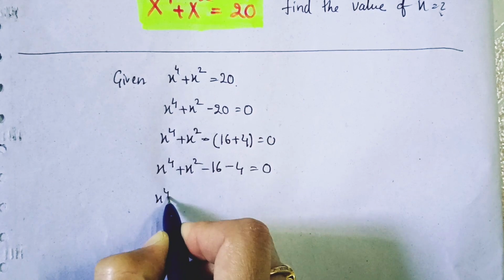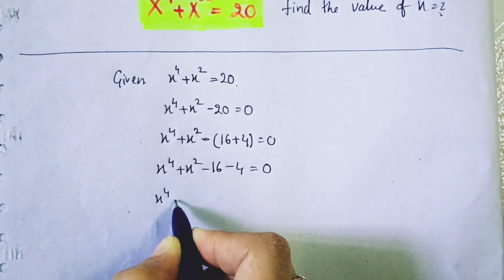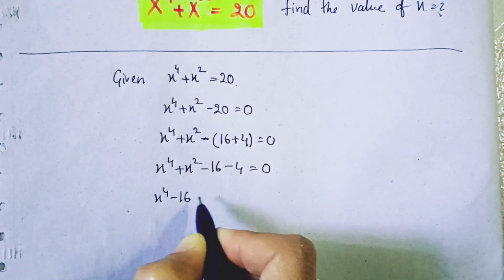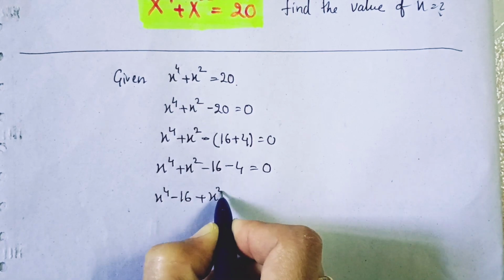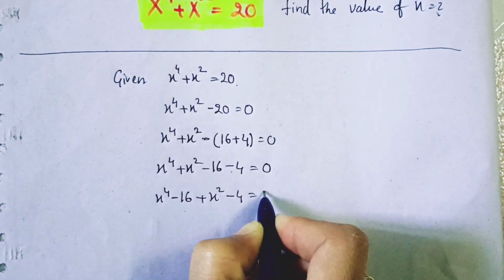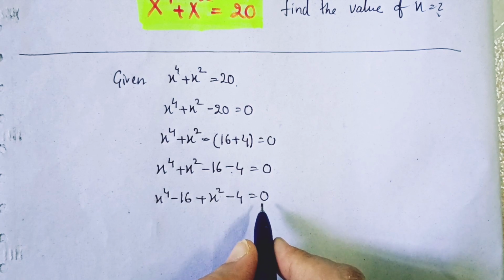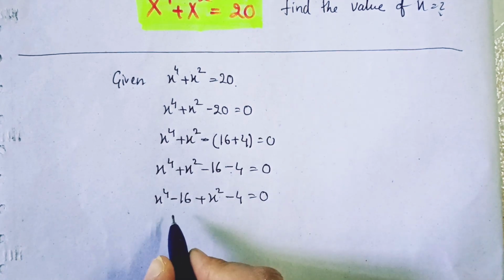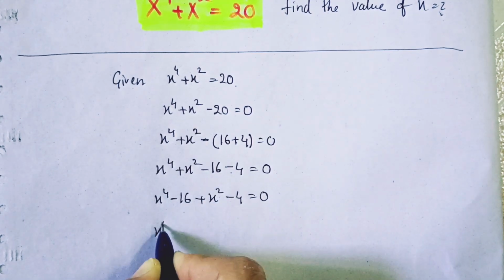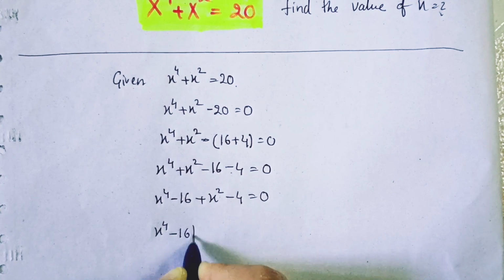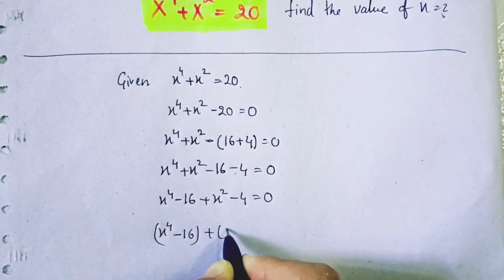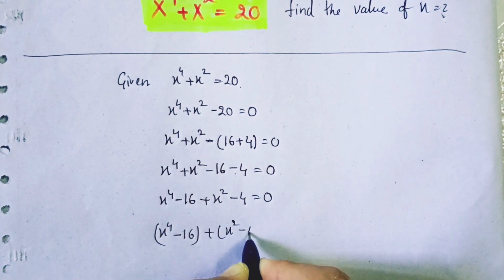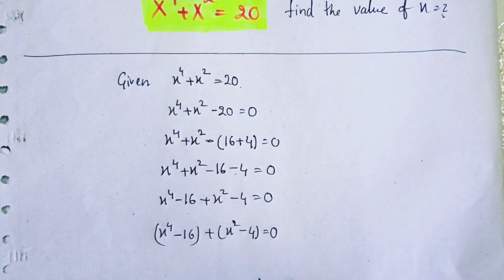Next, I am taking the minus 16 next to x power 4, plus x square minus 4 equal to 0. Can we write like this? Yes, of course. So x power 4 minus 16 plus x square minus 4 equal to 0.